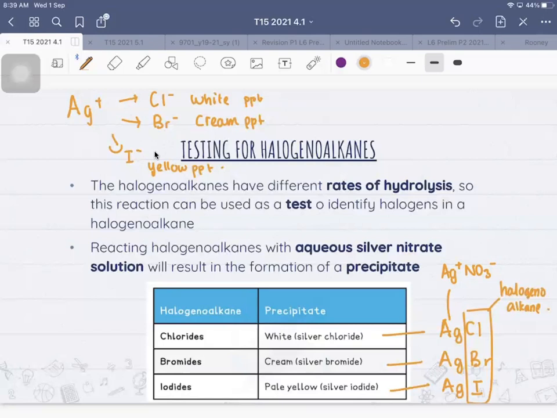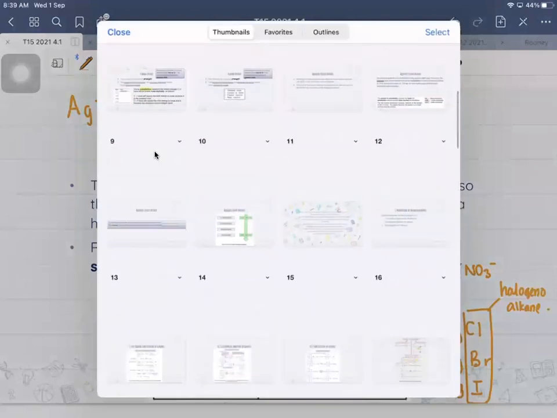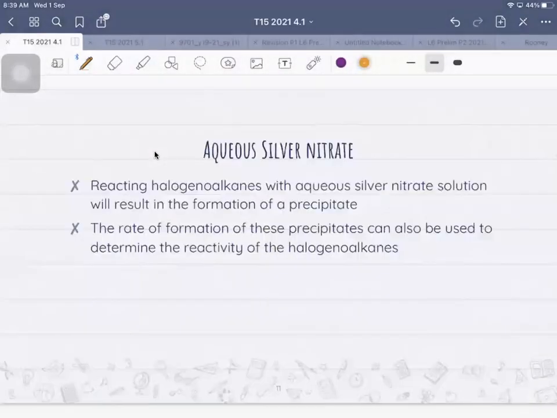So that brings us back to the earlier part where I skipped on page 2. Okay, so if we go back to your notes on page 2, where it says aqueous silver nitrate.